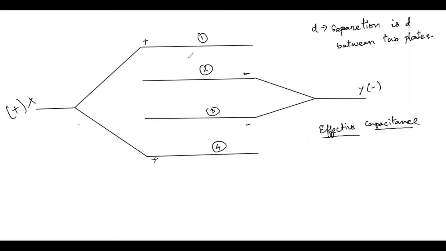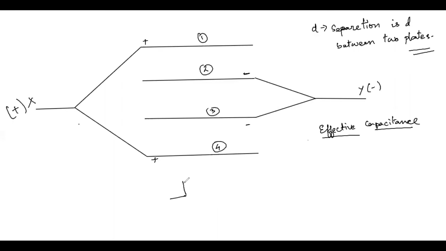Okay, so if you see this first part and this last part, that means first plate and second plate, this is behaving like a parallel plate capacitor, and the third plate and fourth plate, this is behaving like a parallel plate capacitor. Right? So the equivalent capacitance of such an arrangement of plates is nothing but the parallel combination of two subcapacitors.